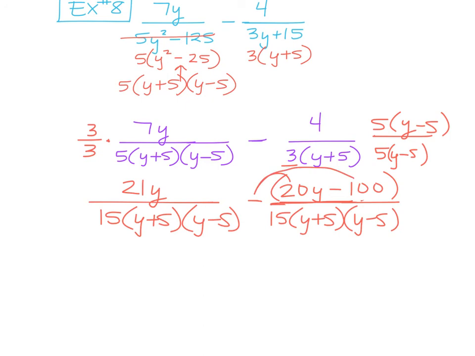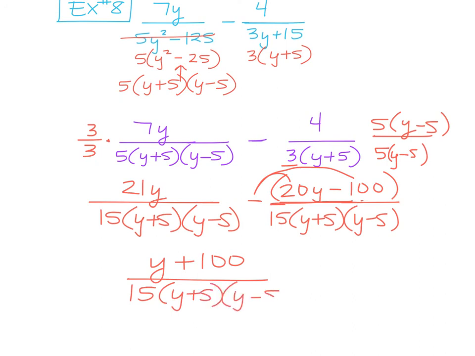So it's going to be 21y minus 20y, which is what? Y. And then what? It's minus a negative 100. Minus a negative is always plus a positive. So plus 100 over 15 times y plus 5 times y minus 5. Whew. It's a good one, huh? Any questions on that?